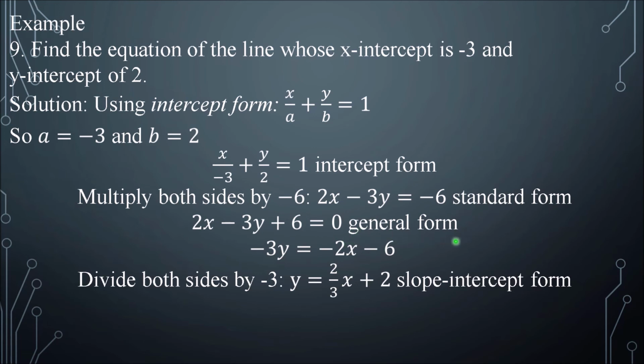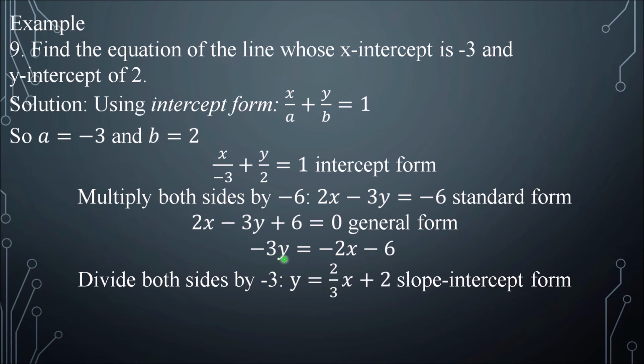And then, to change this to slope-intercept form, we isolate y. First, we transfer 2x to the other side, so it will become negative 2x. And also the 6, we transfer to the other side, so minus 6. So negative 3y equals negative 2x minus 6. Now divide all sides by negative 3.